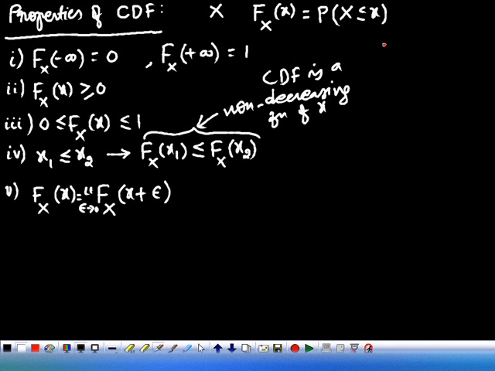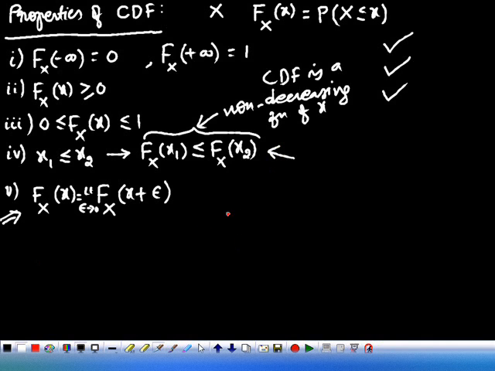The first three properties are from the axioms, and this fifth property can be verified through observation. Now we try to prove the fourth property of the CDF.